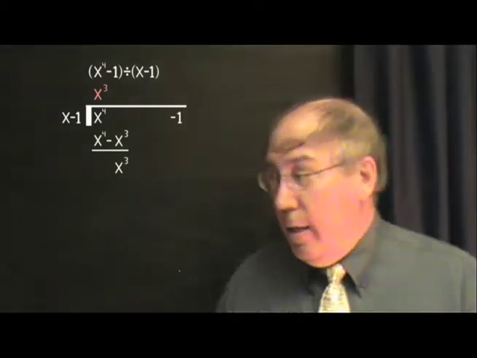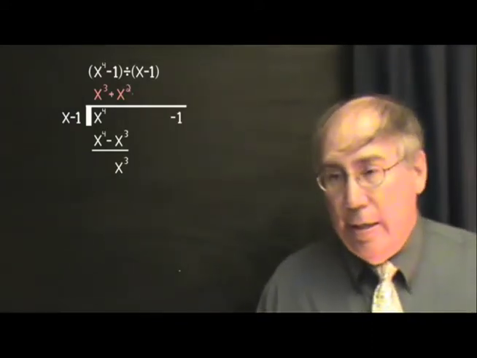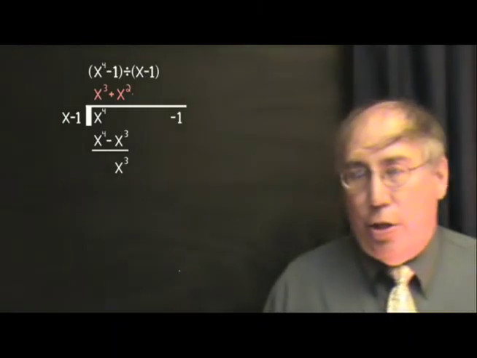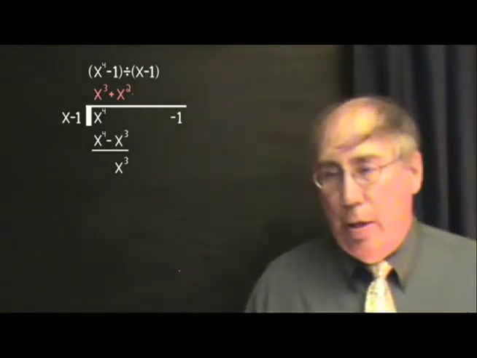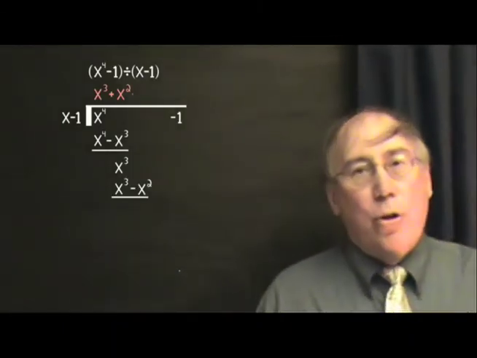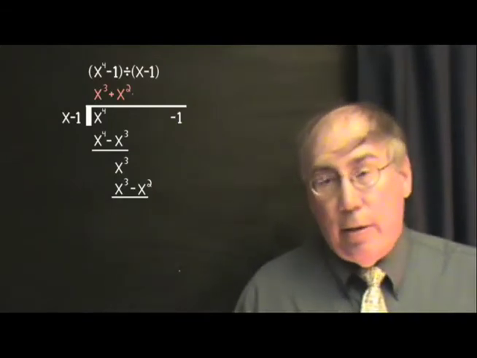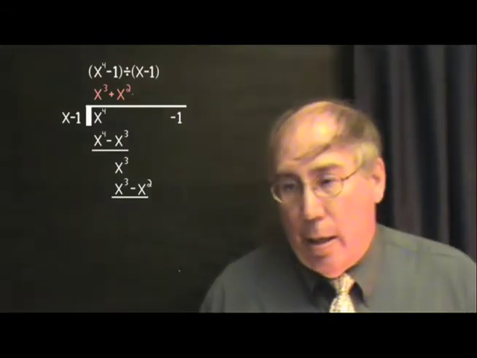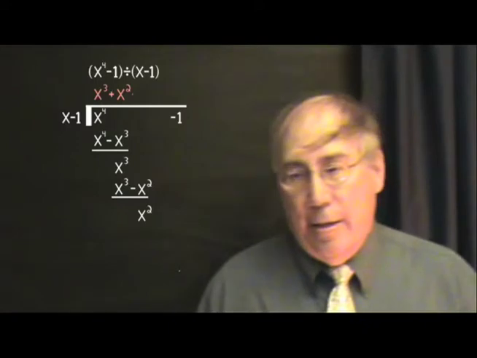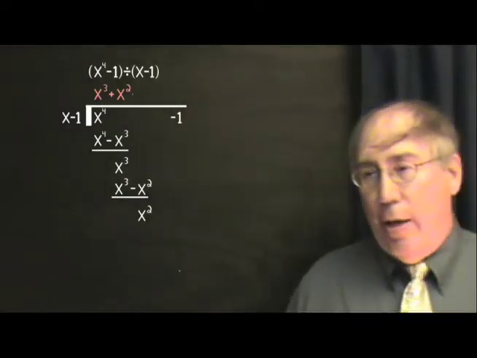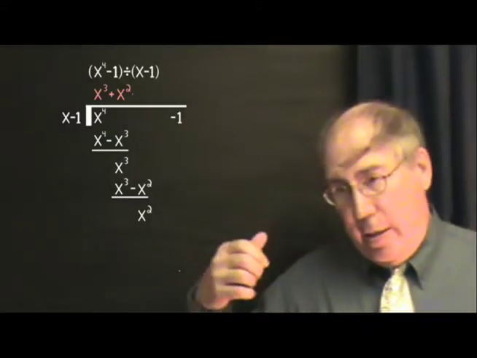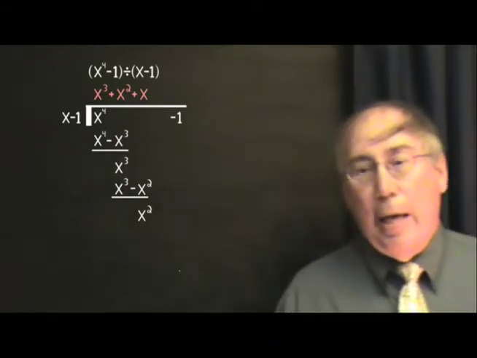Now we multiply by x squared, and we get x cubed minus x squared. Again, there's no x squared to subtract from, so we'll just get x squared. And we continue that on. The next term in our quotient is going to be x.